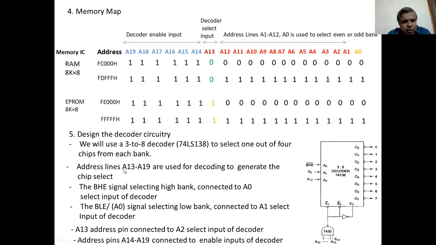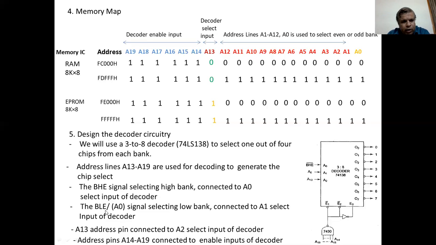So address lines A13 to A19 are used for decoding to generate the chip select, to enable the memory device. The BHE bar signal selects the high bank, connected to the A0 select input of the decoder. BHE bar is connected to select input A0 of the decoder.